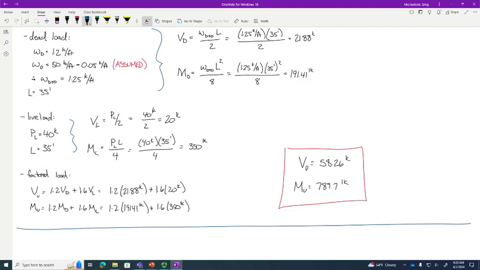So let me erase all this. I'm going to write this on the board so that we have it. VU is 58.26 kips.